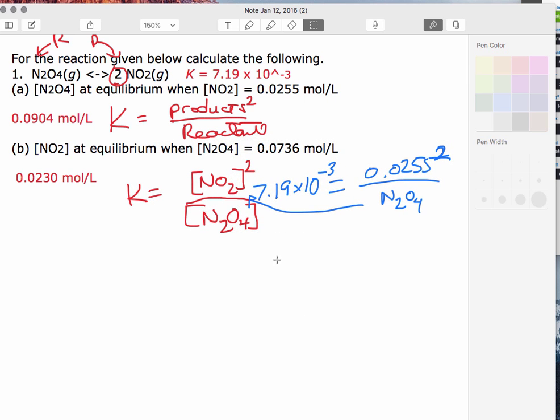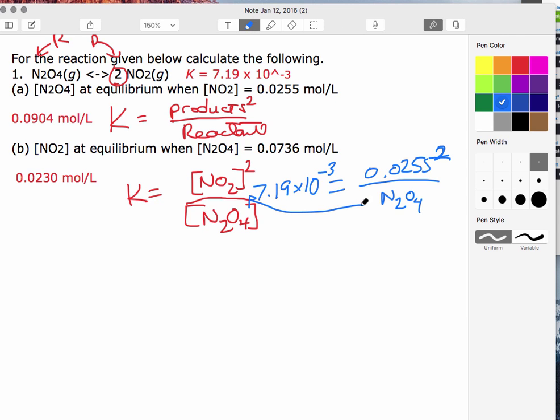And so we're going to continue this math here. We now have N2O4 times 7.19 times 10 to the minus 3 equals 0.0255 squared. And then we need to isolate this variable.